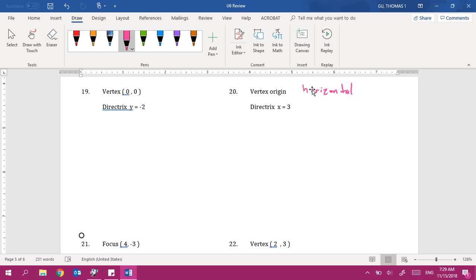So what is the origin? What's the vertex then? 0, 0. So h is what? And k is? Right.